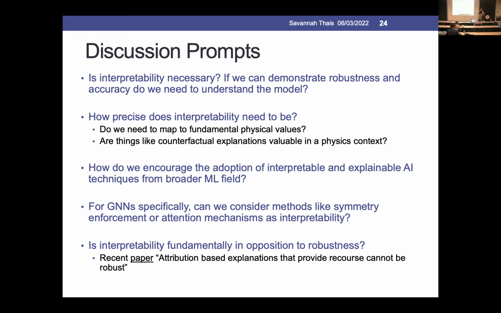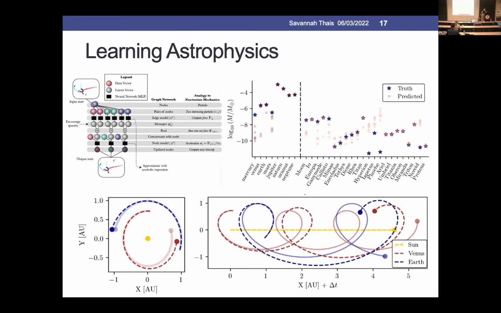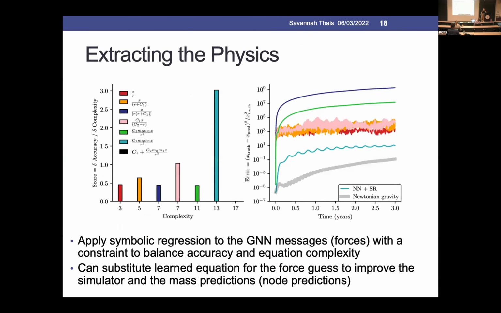So in the astrophysics paper, when they find the 1/r² or whatever it is, did they then change their models to incorporate that explicitly? Yeah.